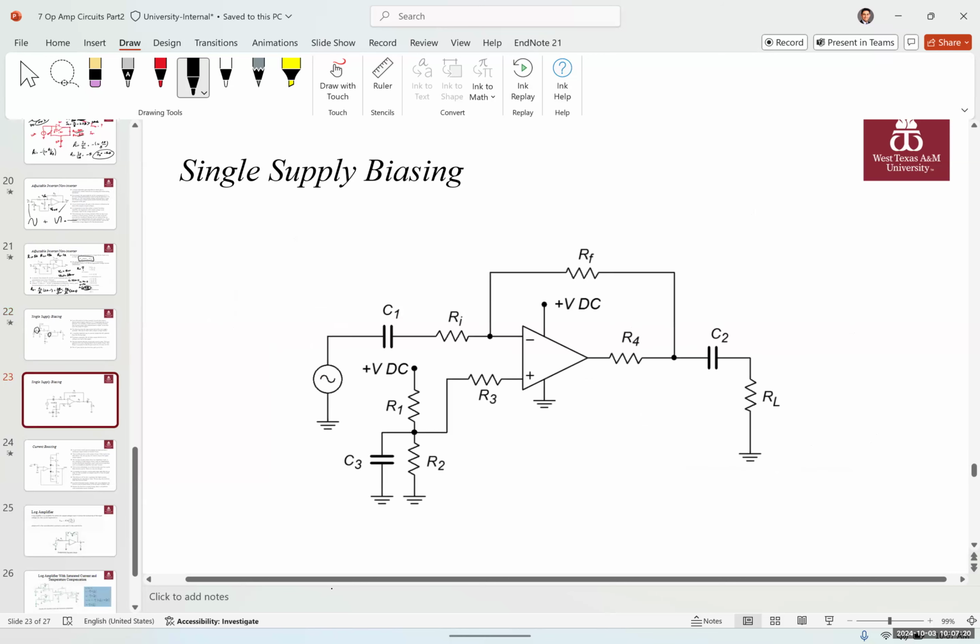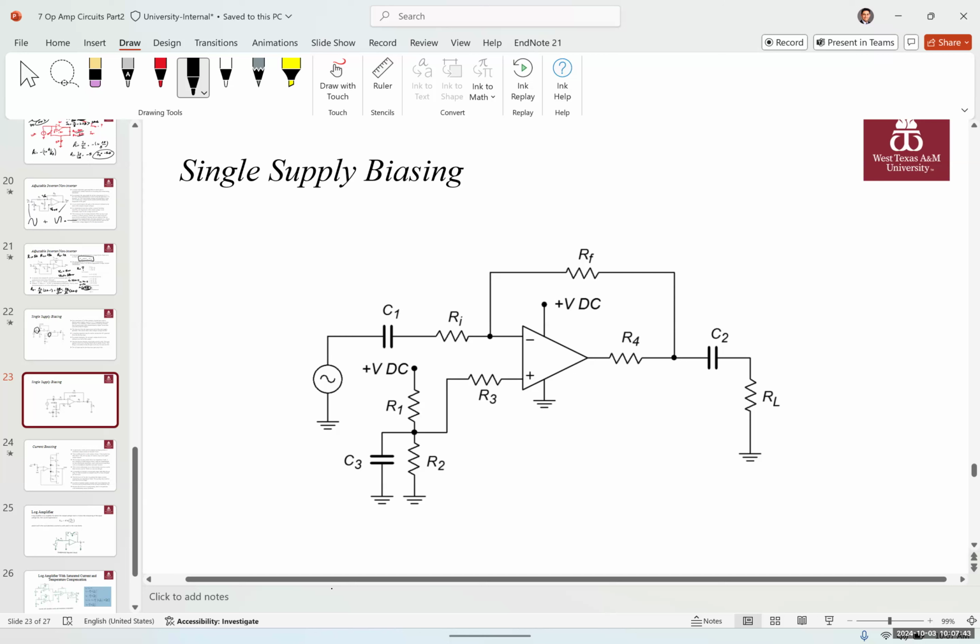This is another demonstration, a different type of single supply biasing system. Here the positive is connected and supplied by the DC power supply. Again, one of the supply rails is connected to a 9-volt battery, and the other one is connected to the ground.